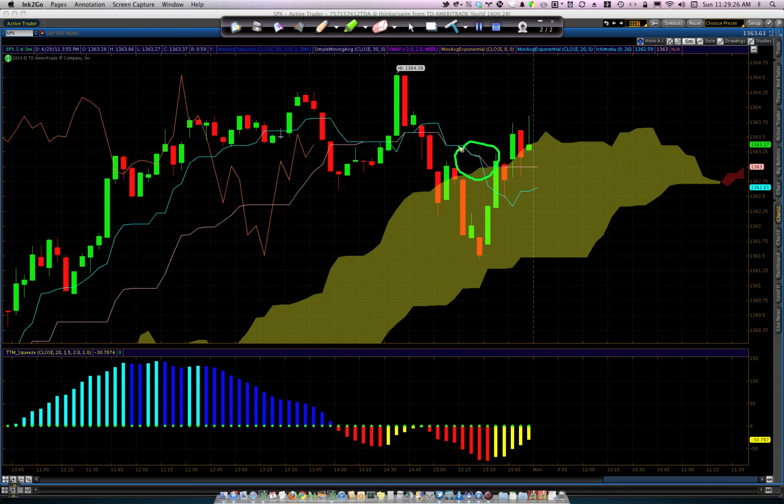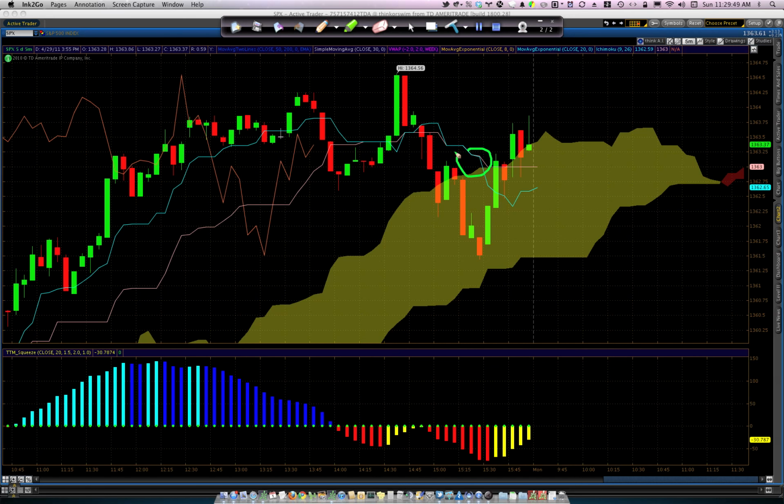When the 9 crosses under the 26, bearish signal. When the 9 crosses over, here it tried to attempt a crossover, that would have been a bullish signal. We never got the cross until here, but it was a false one, and it quickly got reversed, and we've got some down motion. So the key thing here is when they cross, they indicate bullish or bearish direction.